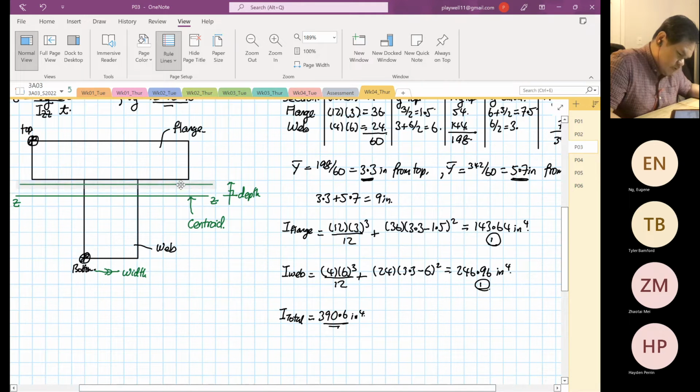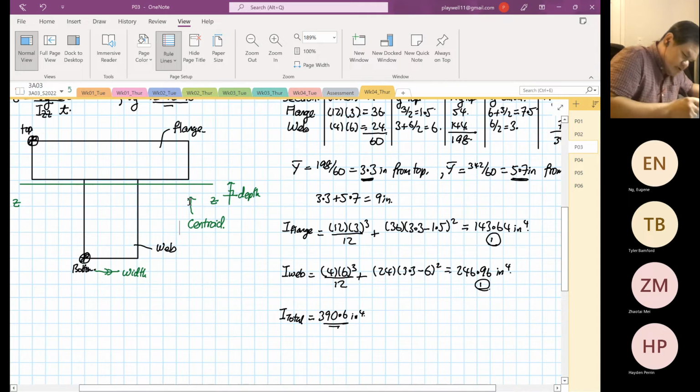That is now our ZZ. We also know that the distance from here to here is 3.3. If you were to deal from the bottom, the distance from here to there is 5.7.